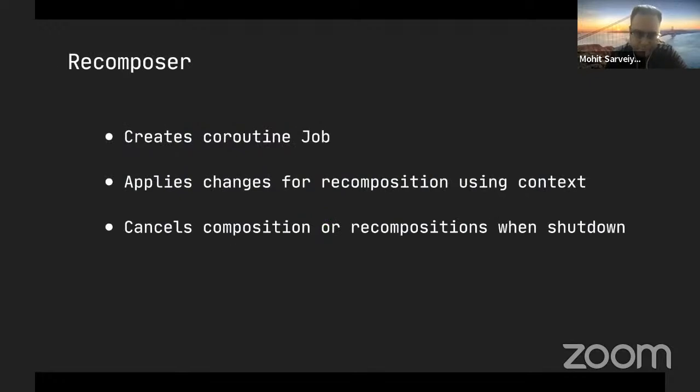And basically what it does is that it creates a recomposer with it. And the recomposer, because you're giving it a context clock, is going to create a coroutine, and in the coroutine, it's going to apply the changes that we saw in the changes list. It has the ability to cancel this job when a shutdown occurs.